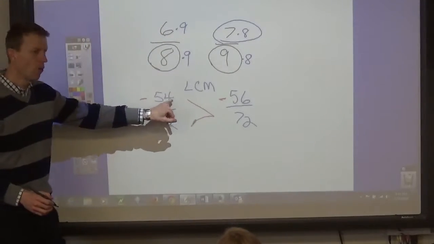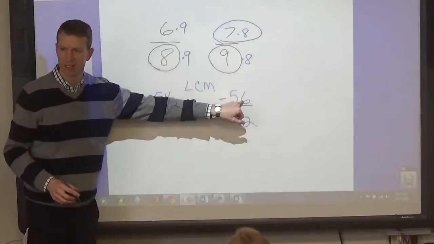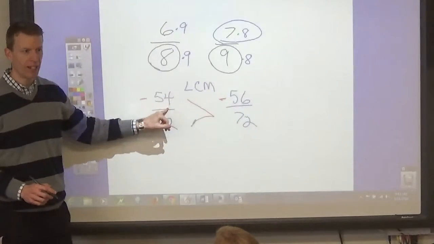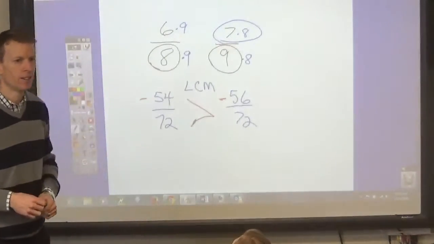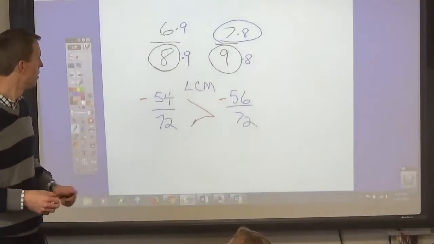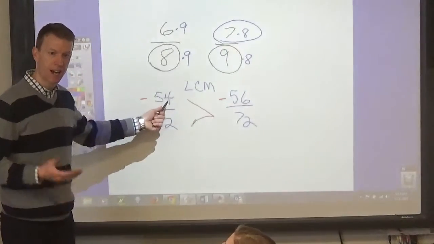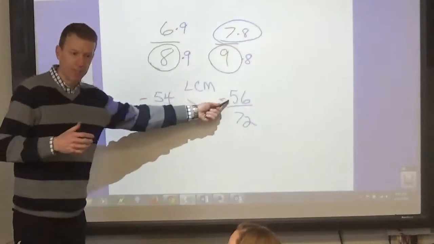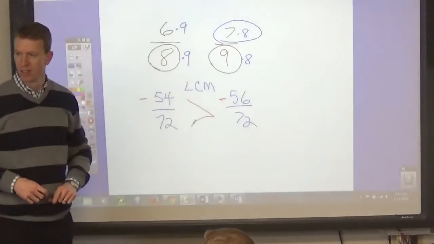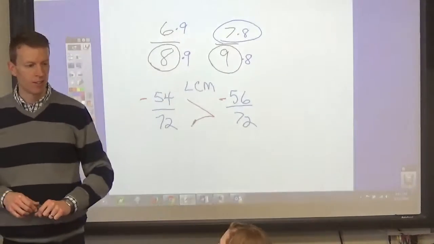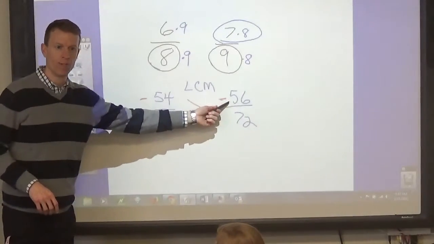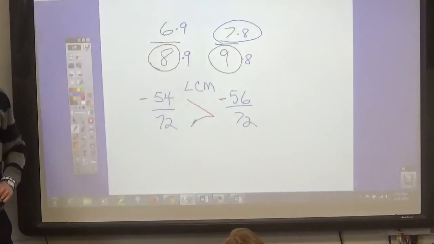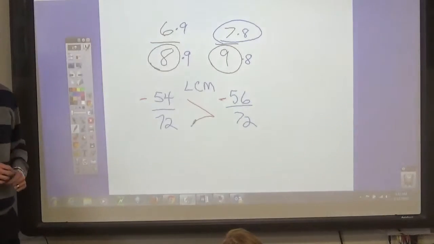Now negative 54 is greater than negative 56 because it would be a higher temperature, for example. Okay? Negative 54 is a higher temperature than negative 56 degrees. So this one is a lower value. So be careful when you're working on negatives there.